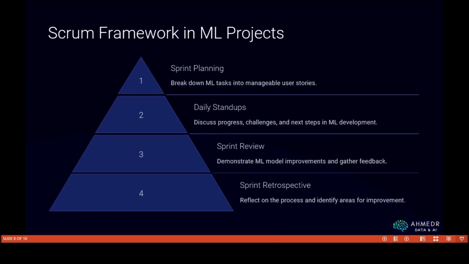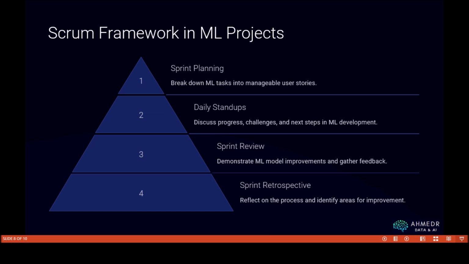Now, after we have understood what Scrum is, how it could be integrated, and what benefits it could bring to handling a machine learning project, let's go through the key events, the main events involved in Scrum. It starts with the sprint planning. Sprint planning is crucial in a machine learning project.